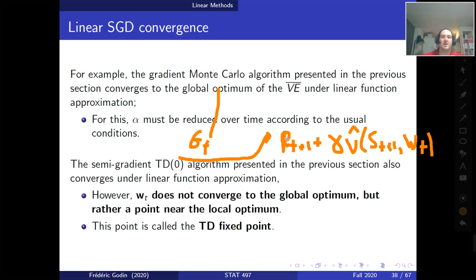Okay, so this is the TD0 target. We can still apply the semi-gradient descent approach when using the TD0 target.